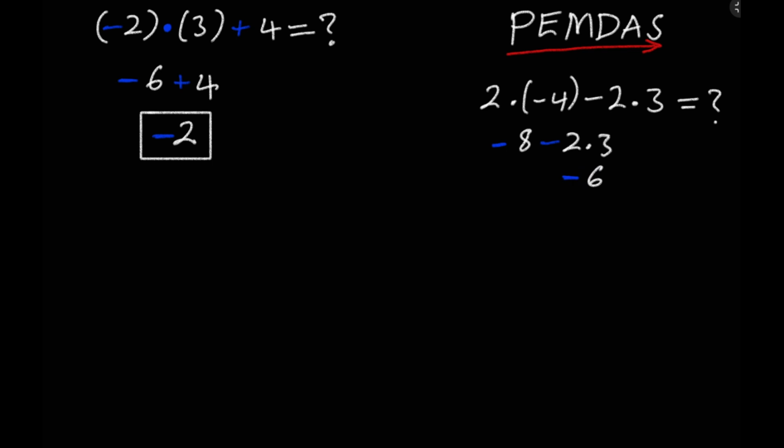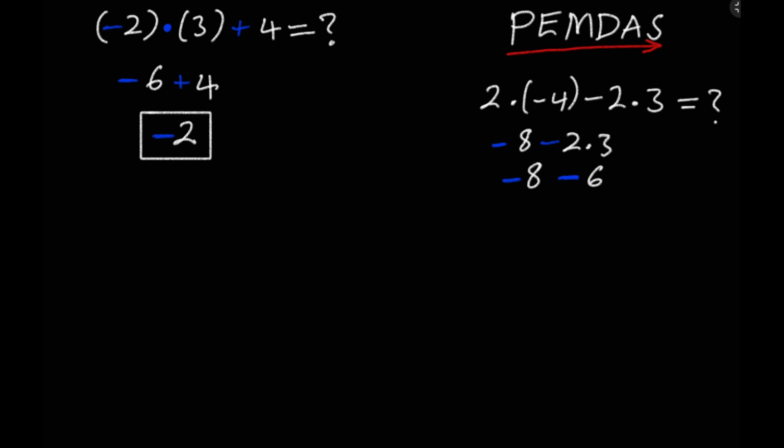When the signs are different, the result is negative. Let's bring down negative 8. Now we have only subtraction in our operation. Now let's go ahead and finish the question.